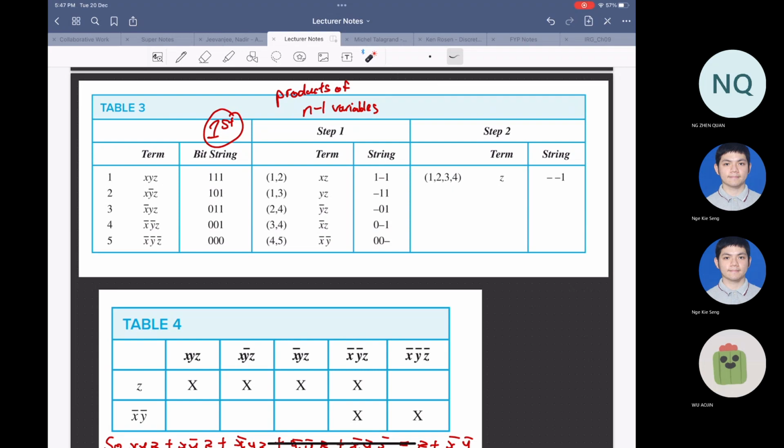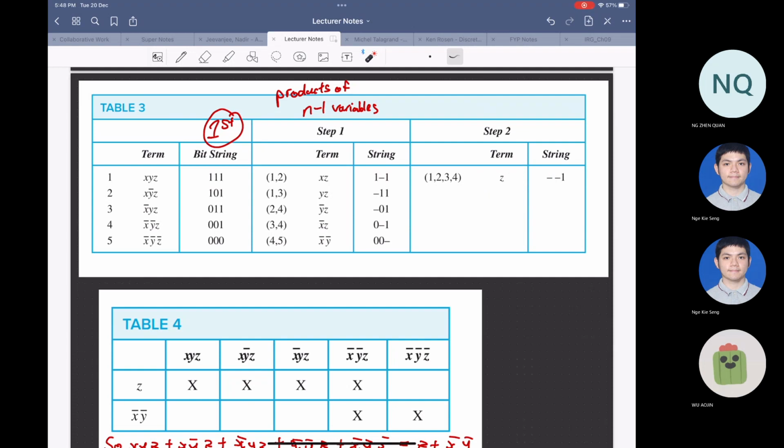Oh, the last sentence. If you combine 1 and 4, they differ by 1 literal, so you can reduce XZ plus X bar Z into Z. If you combine YZ and Y bar Z, they differ by one literal, you also can get Z. So anyhow, you only get Z. Make sense? 2Z is the same as 1Z.